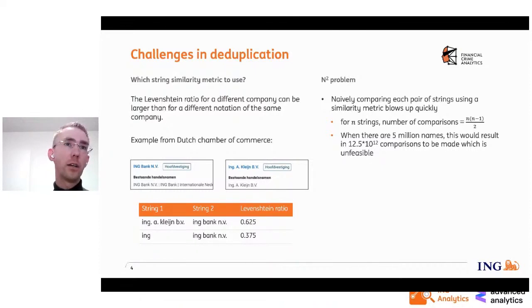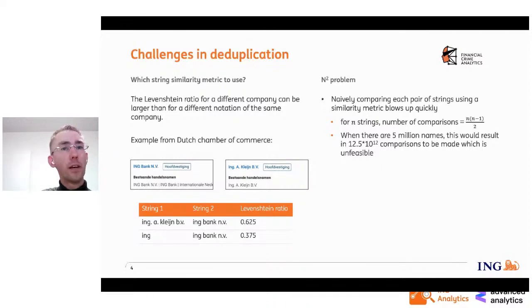Let's go back to the example from the previous slide. Here you see two instances from the Dutch Chamber of Commerce. One is ING Bank NV, our company, and the other is ING A Klein BV. Let's take the most famous string similarity metric, the Levenshtein ratio, for both. You see that ING A Klein BV and ING Bank NV have a Levenshtein ratio of 0.625, whereas ING and ING Bank NV, which is basically the same real-world entity, have a lower Levenshtein ratio.